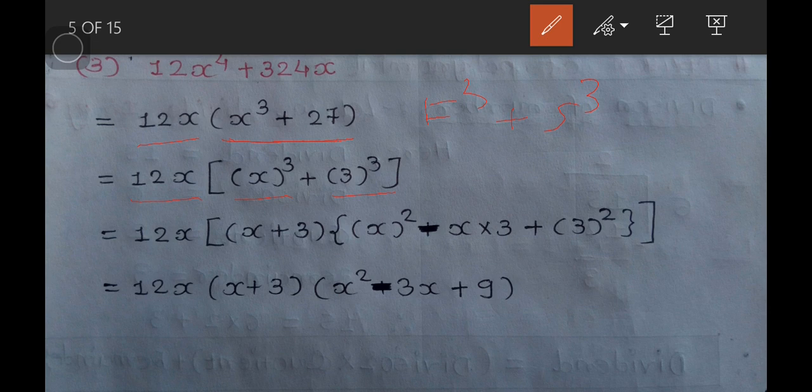Now our first term is x and second term is 3. So it is equal to 12x as it is. Now we put in the first bracket x plus 3, and in another bracket x square minus x into 3 plus 3 raised to 2, which is equal to 12x as it is, then (x plus 3) and in another bracket (x square minus 3x plus 9). So in this way we can get the factorization of a cubic polynomial.